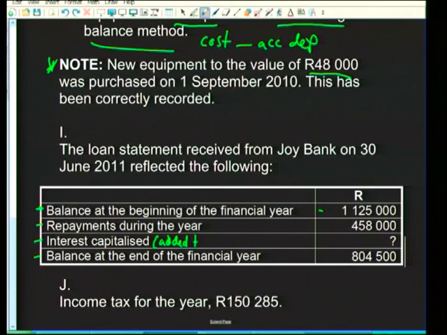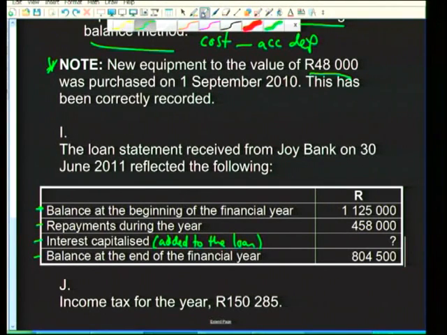When interest is capitalized, it just means it is added to the value of the loan. And if they give you a loan statement like this, it is actually quite easy to calculate the missing number. All we need to do is look at the information we've been given on the loan statement. Can you see we started off owing 1,125,000 Rand.